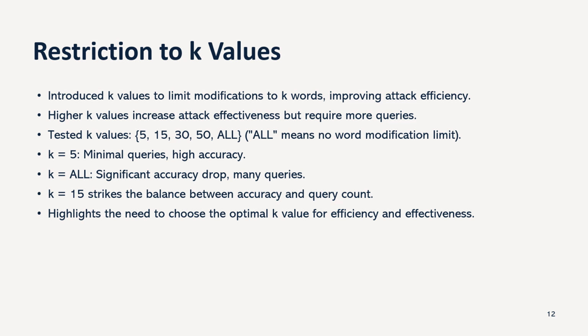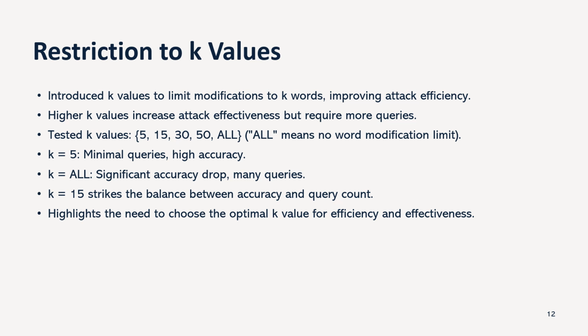The parameter k provides a tool to balance the attack's effectiveness and efficiency, especially for those with limited resources. Different datasets may benefit from varying k values, and our investigation tested k values of 5, 15, 30, 50, and all, where all indicates no restriction on word replacement.